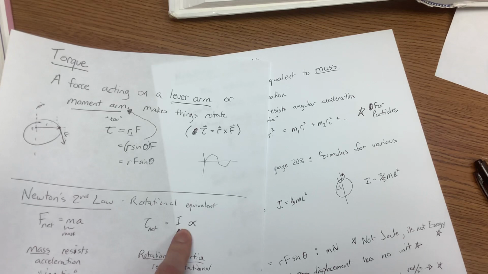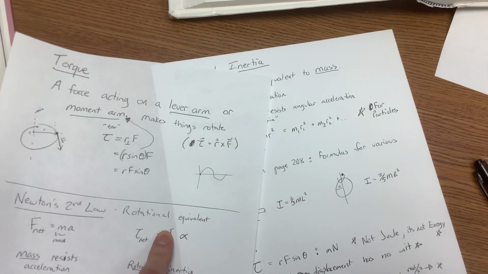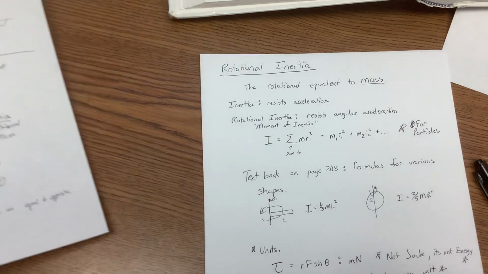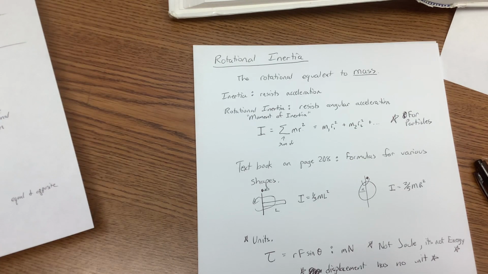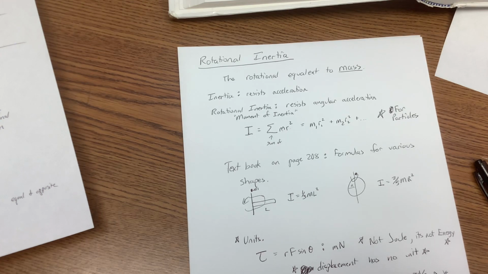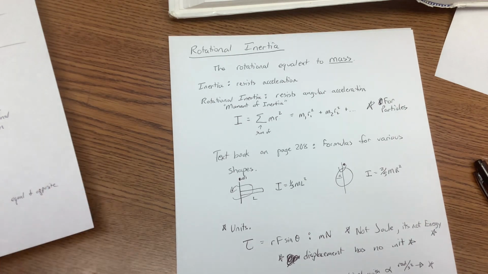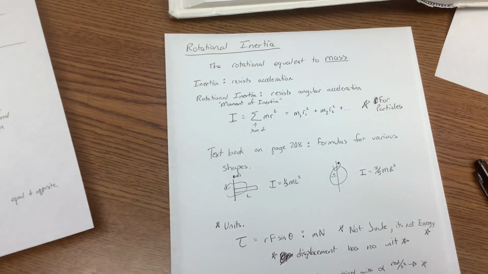You're going to have meters in front, and then you're still going to have newtons, so you're going to get meter newtons out of that. And later, when you're trying to find the rotational kinetic energy, which we'll do, I think, in the next video, then you will have the joule. So that's how that works out, which might seem weird, and that's okay. And that's all I have to say for right now.